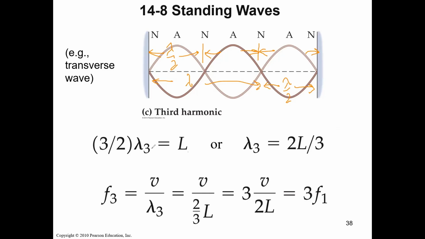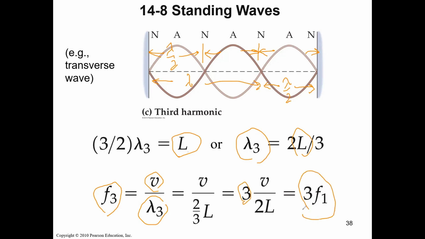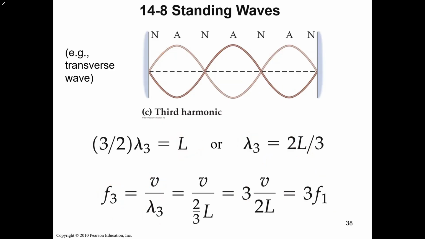So 3 times half wavelength equals the distance between walls. So the wavelength is just 2/3 of L. Now if we derive the frequency, we divide the speed by the wavelength, we get 3 times v divided by 2L, which is 3 times the fundamental frequency.